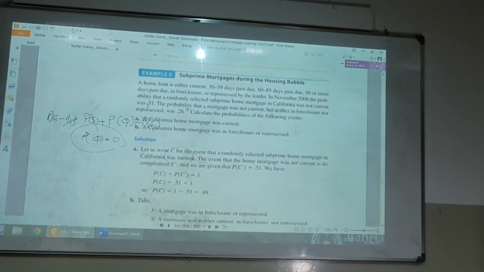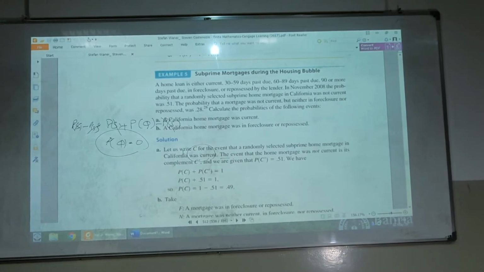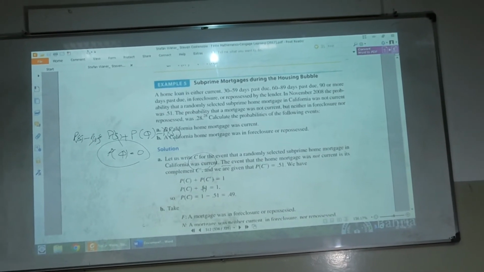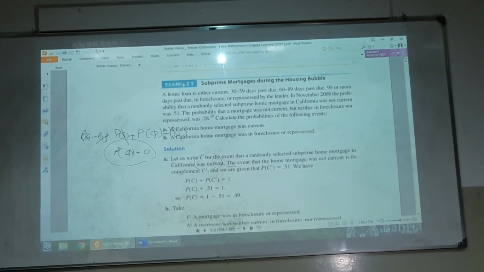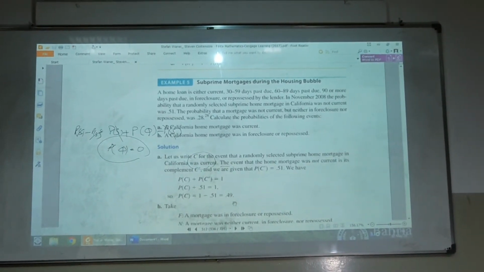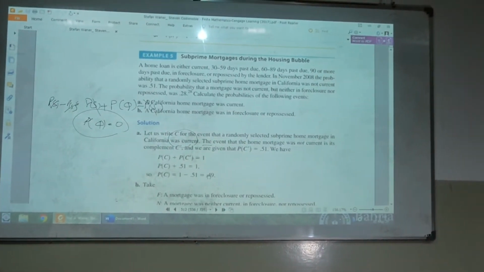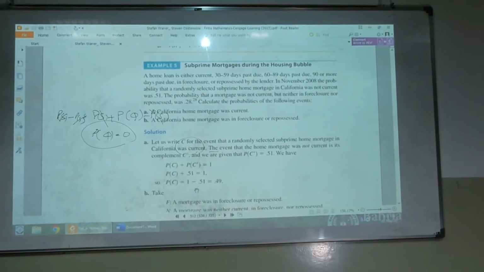So in this case, something which is not current is C complement, and current is C. So if it is C complement, then you can have C as 1 minus 0.51, which is 0.49. So that means something which is current is 0.49, but not current is 0.51.